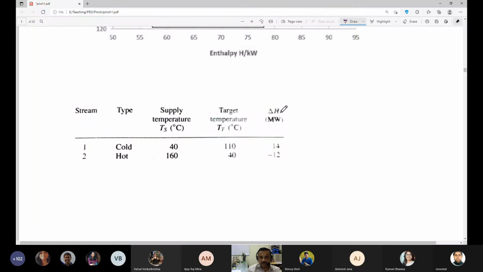The moment this information is available, you can find the so-called CP, which is a product of mass and specific heat.